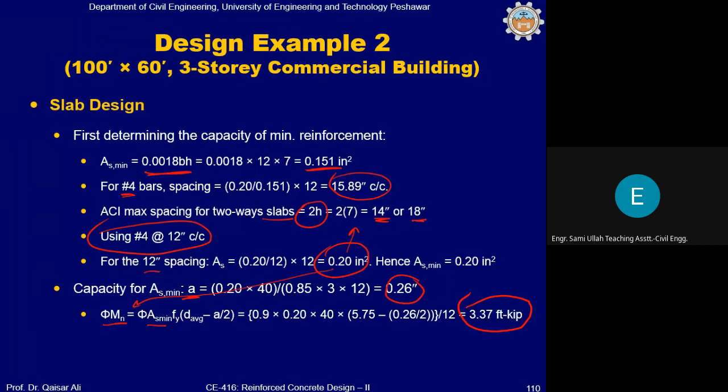Now, if this capacity is greater than the demand moment values, then in those regions you can provide number 4 at 12 inch. And for other values, for example, if the demand moment values are greater than this value, then for those values of moment you can calculate the spacing, okay, from trial and error.